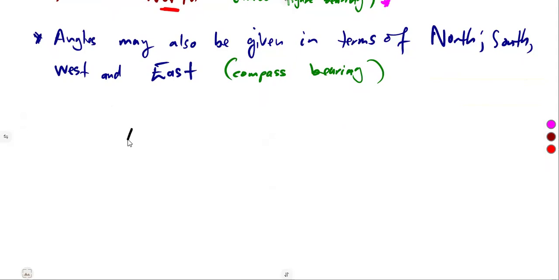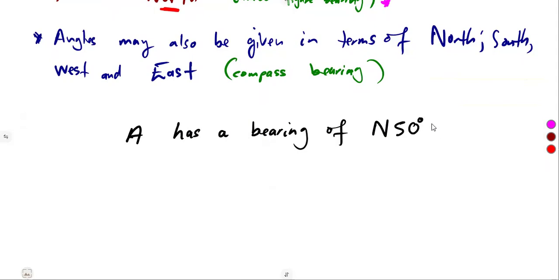Let's say, for example, you're given that A has a bearing of north 50 degrees to the east, from P. A has a bearing of north 50 degrees to the east.